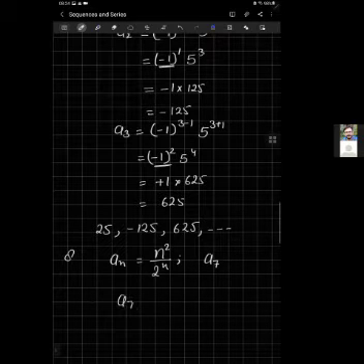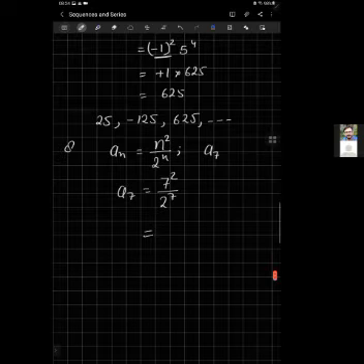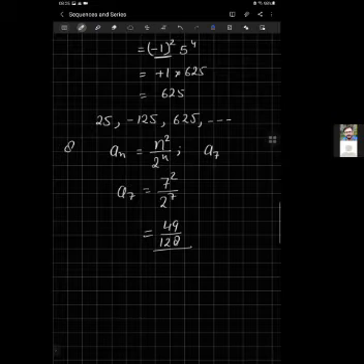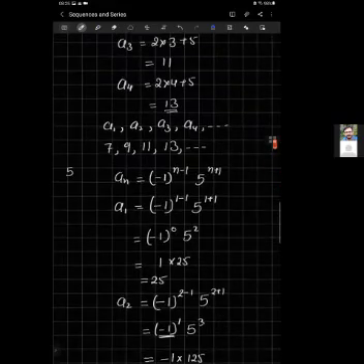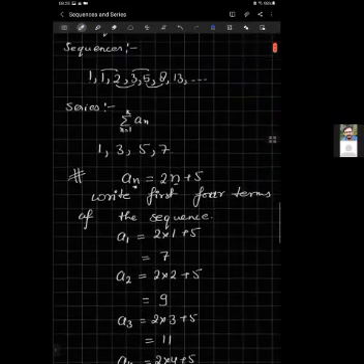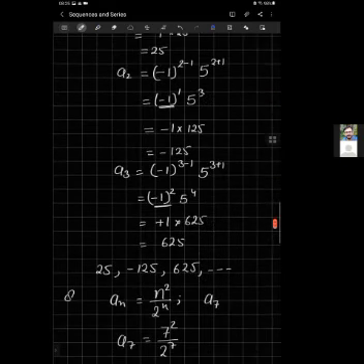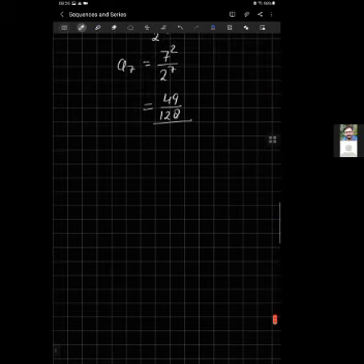So A7 is equals to 7 to power 2 upon 2 to the power 7. 7 to power 2 will be 49. 2 to the power 7, 128. So likewise, we could do this also. I suppose it is easy. Very simple and very important questions, but we need to practice them. Next thing now we are going to do.